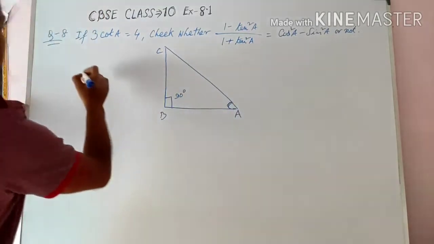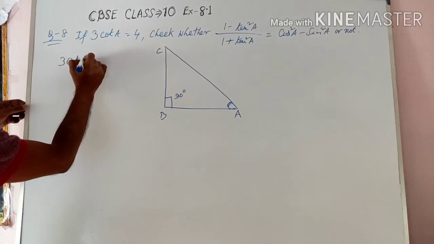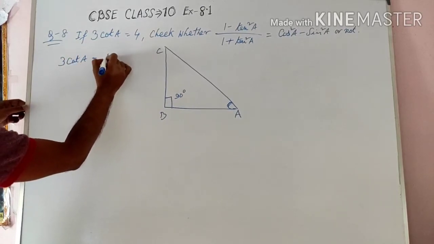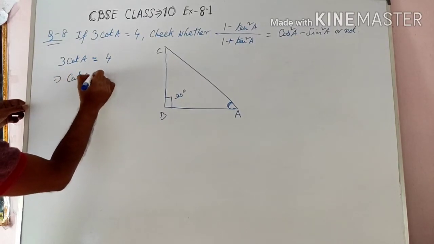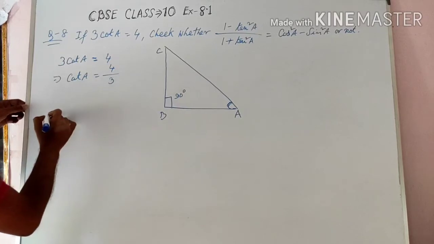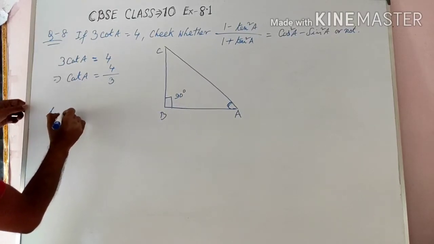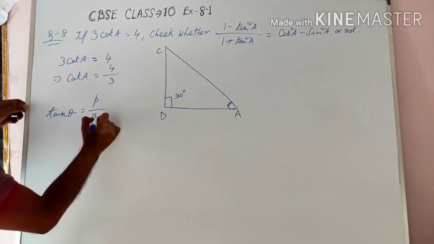So given 3 cot A is equal to 4, or cot A is equal to 4 by 3. We know that tan theta is equal to perpendicular by base.